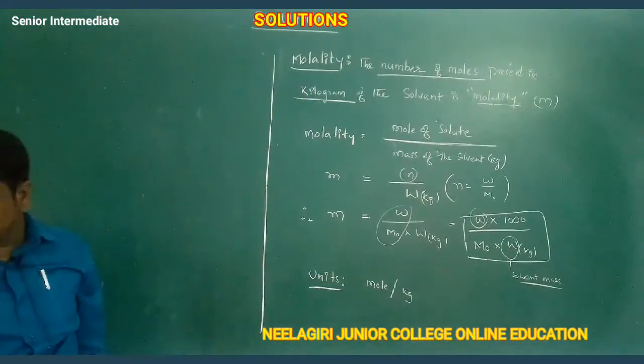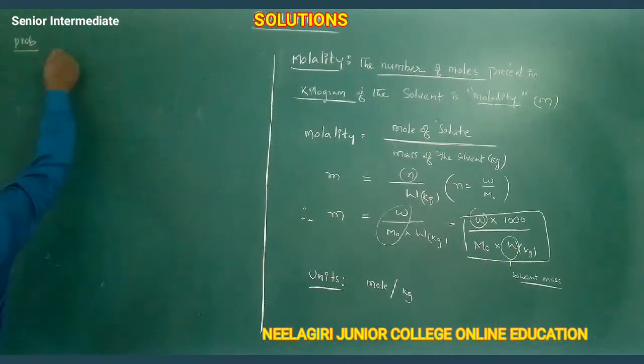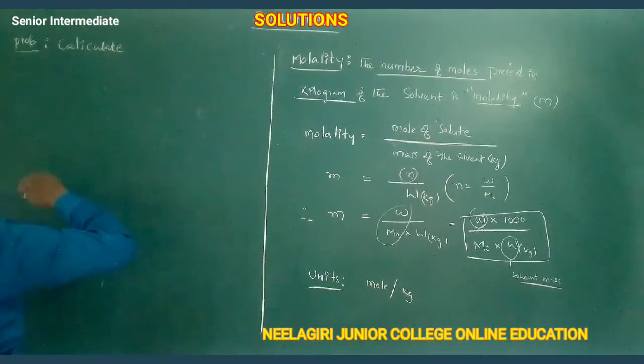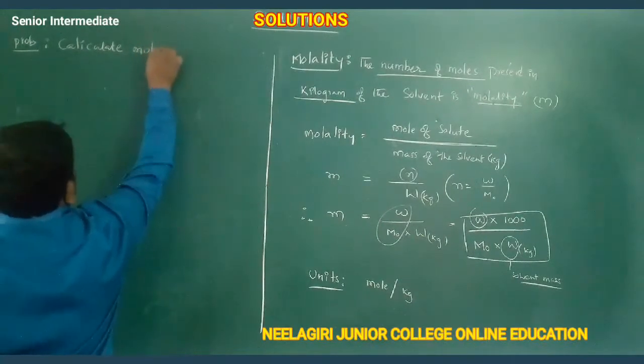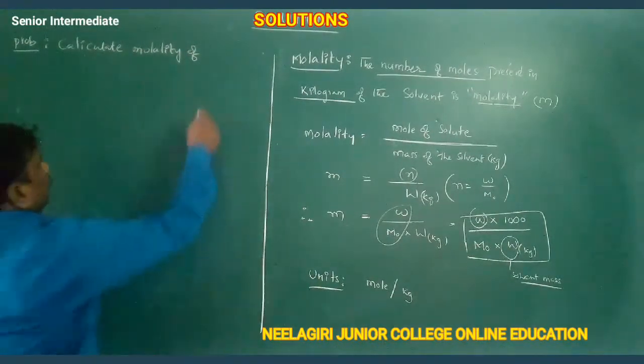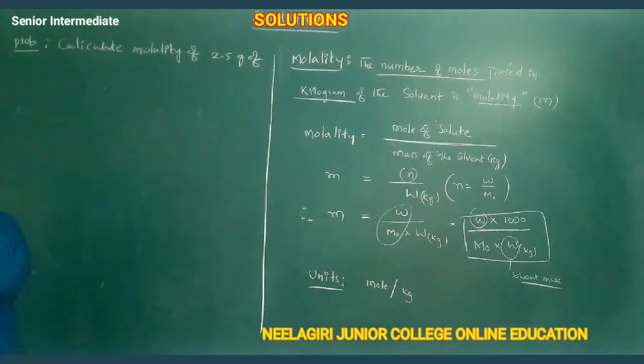Calculate the molality of 2.5 grams of ethanoic acid.